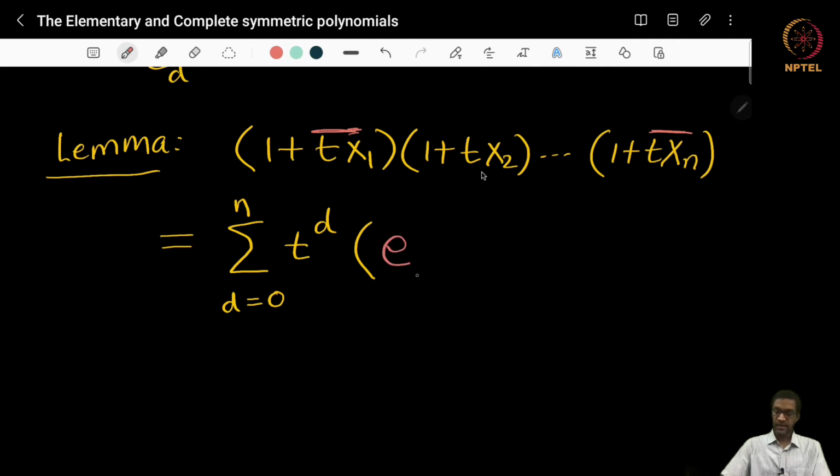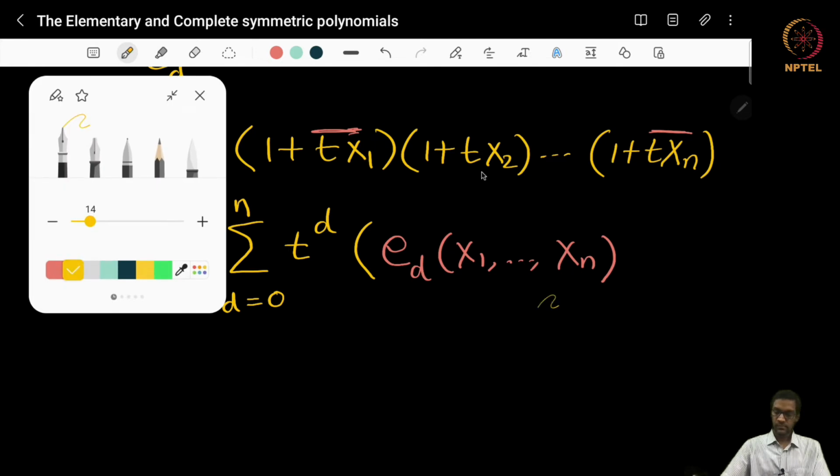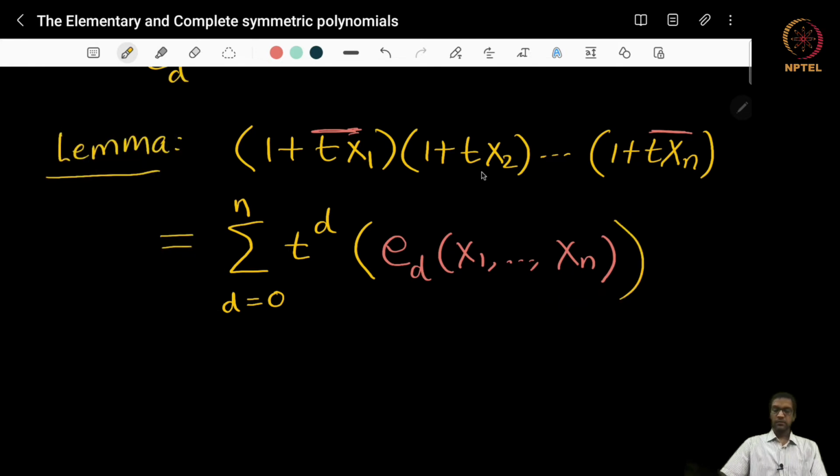So this is exactly the elementary symmetric polynomial ed in these n variables. Okay, so that's the expression here, and the proof is more or less obvious, just what I gave you right now. So this is just a compact way of packaging all these elementary symmetric polynomials together in one stroke.